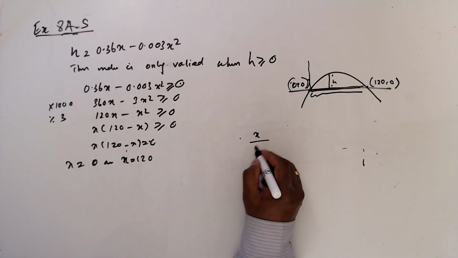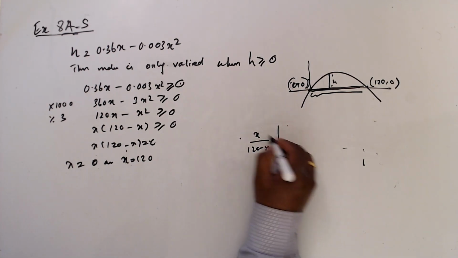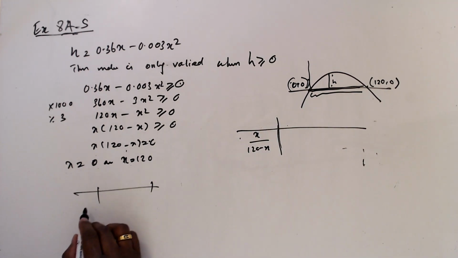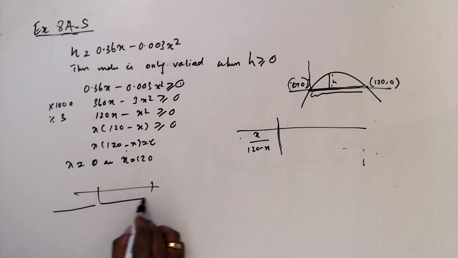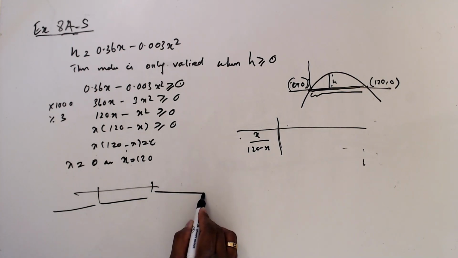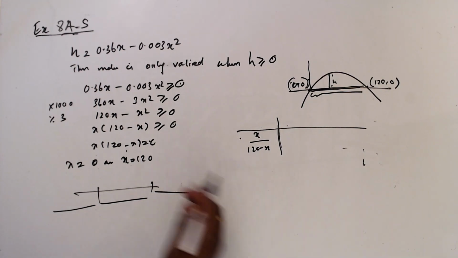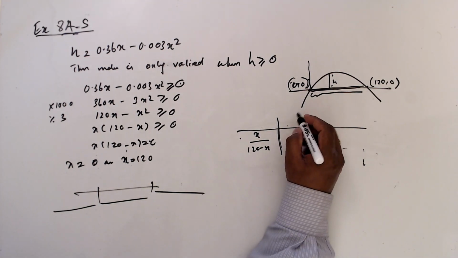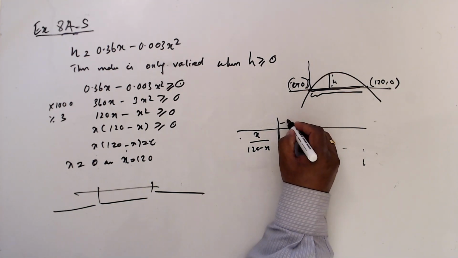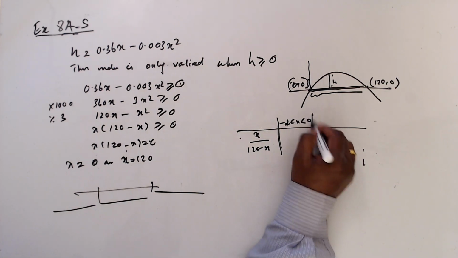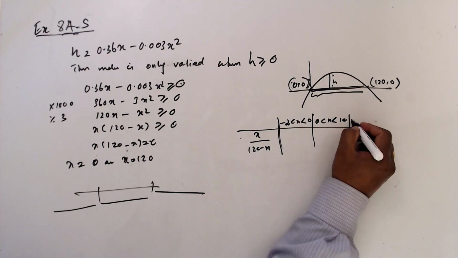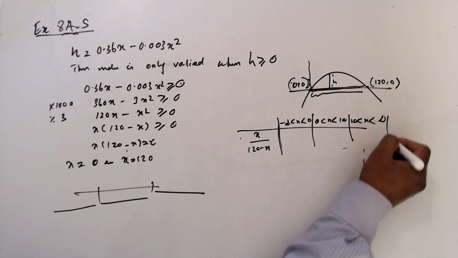So x and 120 minus x, like that. There are three areas: minus infinity to 0, 0 to 120, and from 120 to infinity. We know that we don't need the outer areas, but I'm revising that for you.